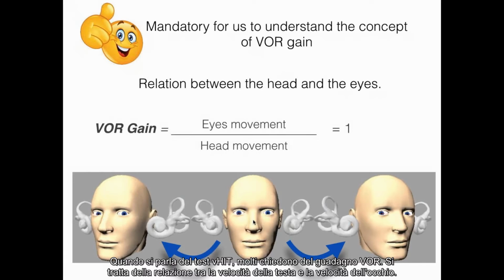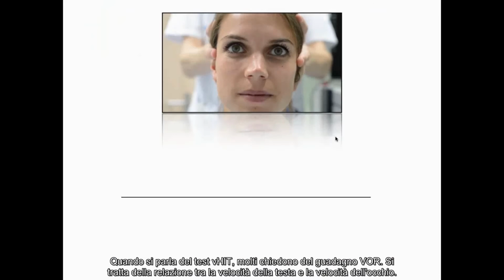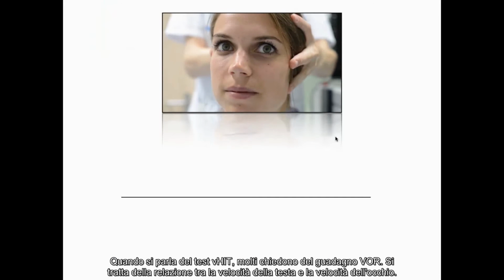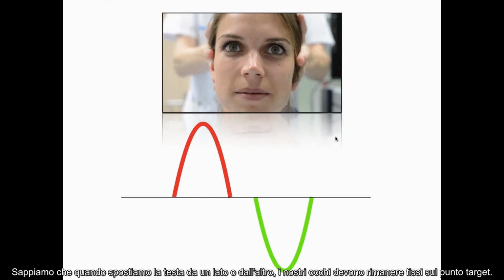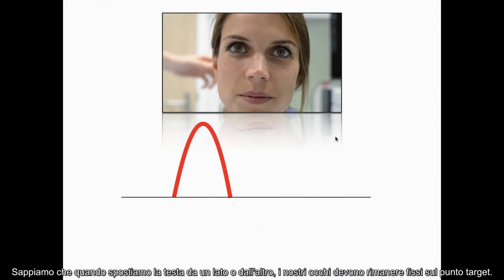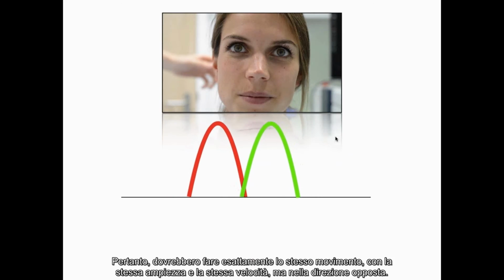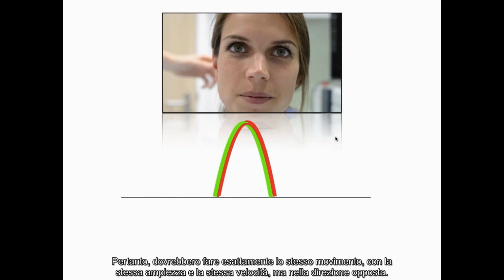And when we start talking about vHIT, I have a lot of students and residents, and they ask me what the VOR gain is. The VOR gain is nothing more than the relation between the head velocity and the eye velocity. We know that when we move our head to one side or the other, our eyes are supposed to be on target, which means they do exactly the same movement, in the same amplitude and the same velocity, but in the opposite direction.